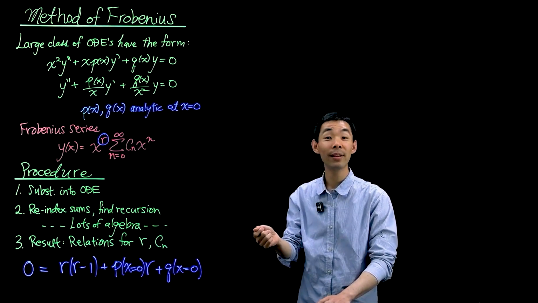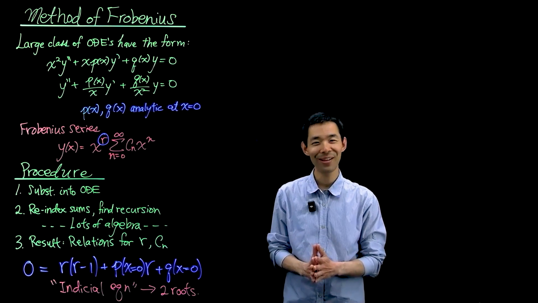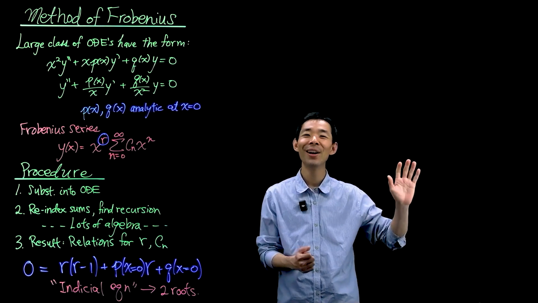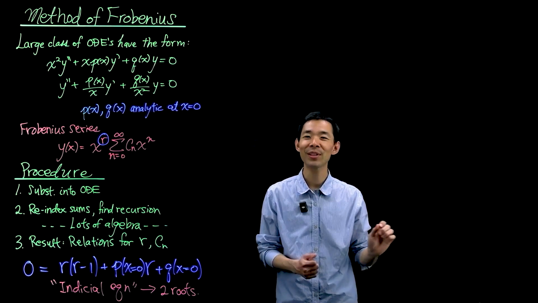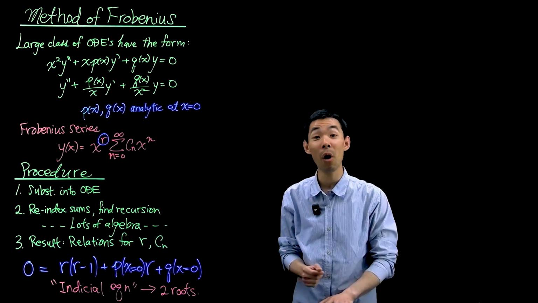And this is called the indicial equation. This indicial equation is similar to the characteristic equation when we were solving second order ODEs with constant coefficients. You get two roots because you have a quadratic equation for r.